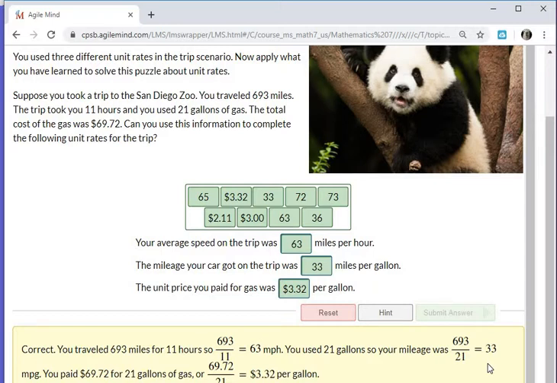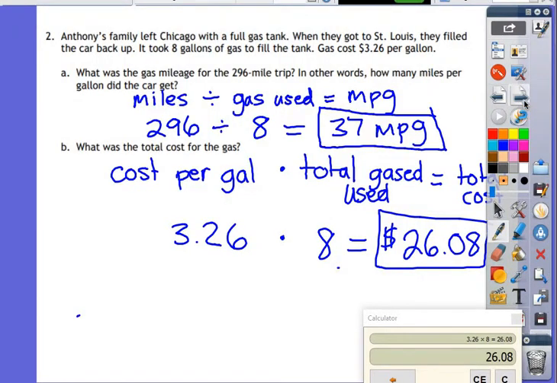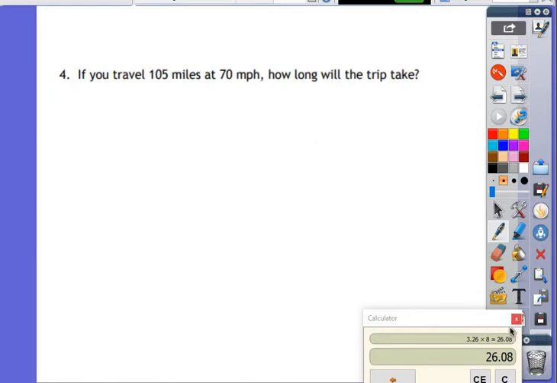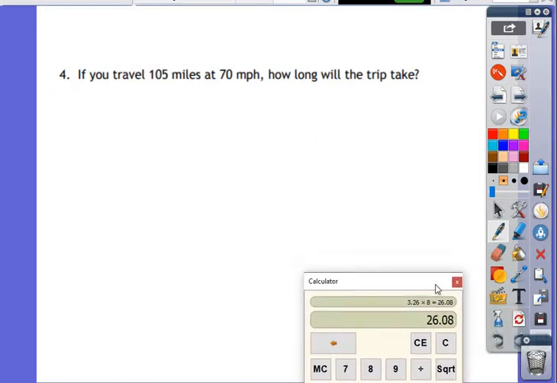Alright, I'm going to do problem 4 and 5 with you. Problem 4 says if you travel 105 miles at 70 miles per hour, how long will the trip take? Okay, so I like to set things up as a fraction.